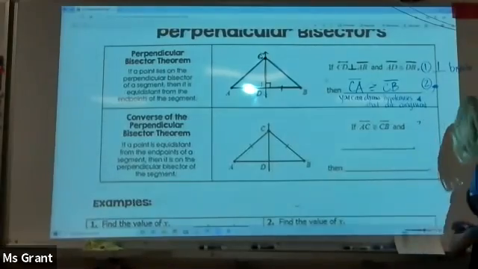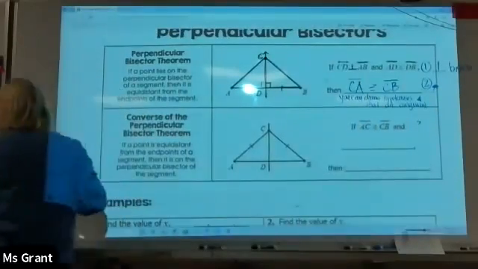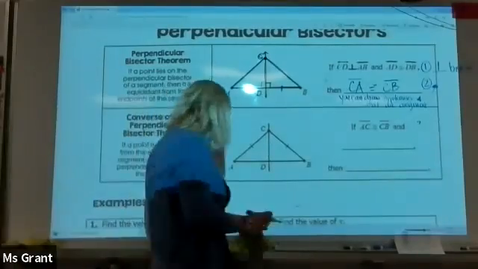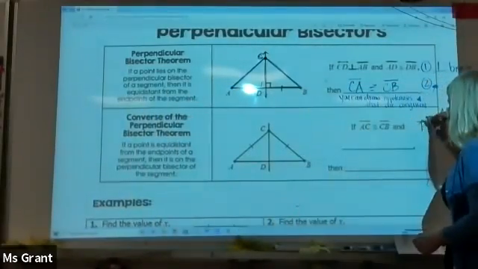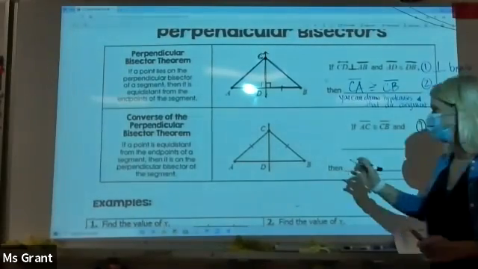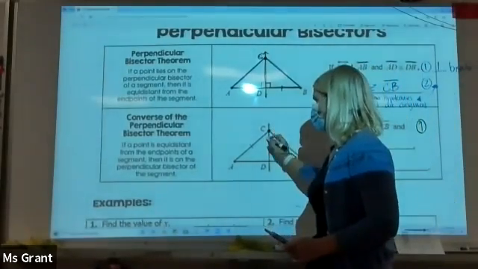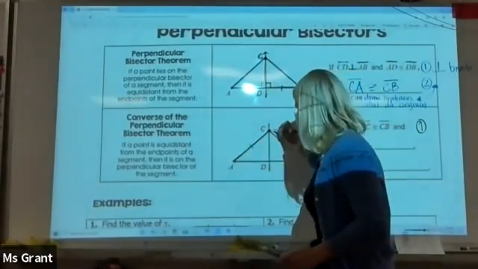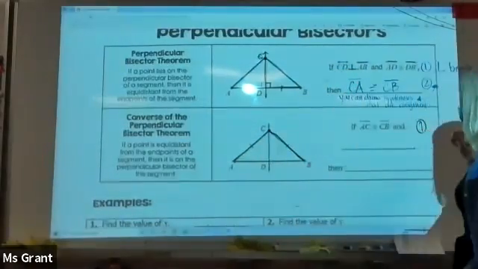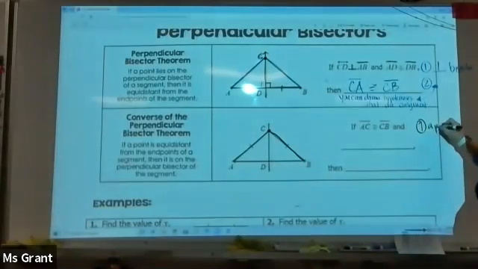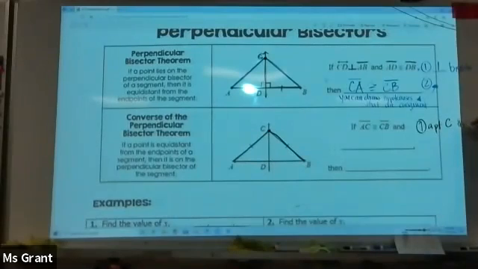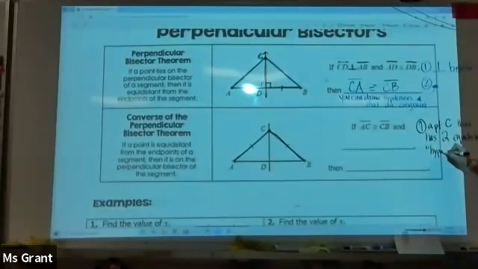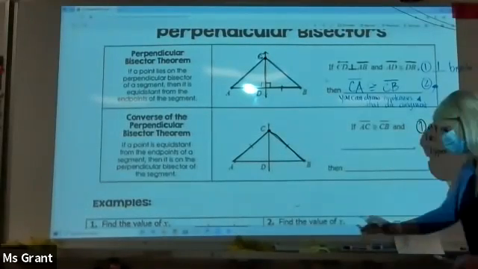First thing I know is that I have a point that is equidistant. So first thing I have is a point C that has two equidistant, I'm going to call them hypotenuses, but they're just really long segments. What am I saying?